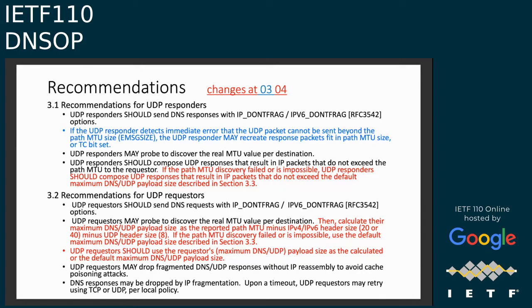And to calculate, calculate their maximum DNS UDP payload size as the reported PathMTU minus version 4 or version 6 header size, 20 or 40, minus UDP header size. If the PathMTU discovery failed or is impossible, use the default maximum DNS UDP payload size described in section 3.3. And UDP responders should use the requester's maximum DNS UDP payload size as the calculated or the default maximum DNS UDP payload size. Next slide, please.